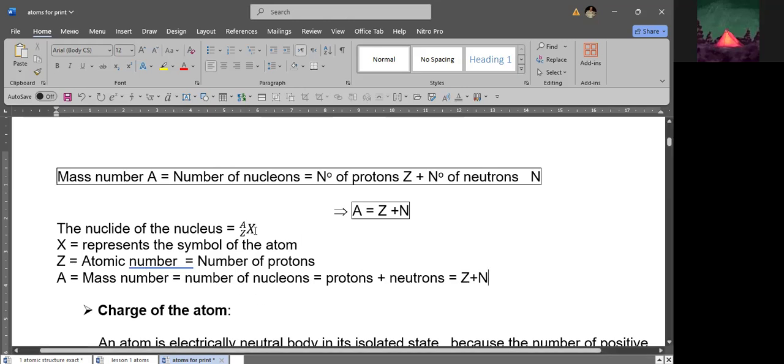From the nuclide of the nucleus, we can get an idea about the constituents of the nucleus: the atomic number, the number of protons, and the mass number, the number of nucleons.